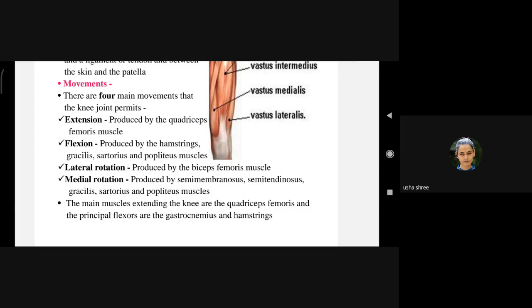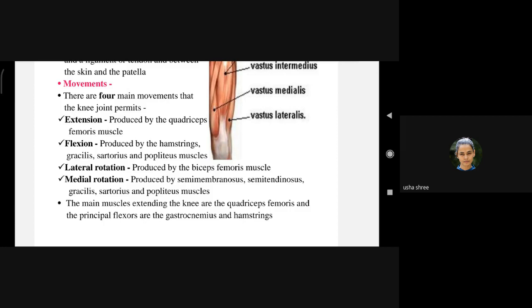Yes, there are 4 muscles, out of which the lateral rotation is produced by the biceps femoris muscle. Biceps femoris is the name of 1 muscle only. Extension is produced by quadriceps.